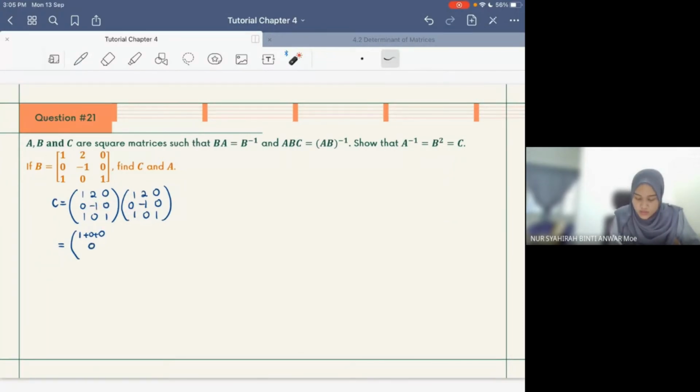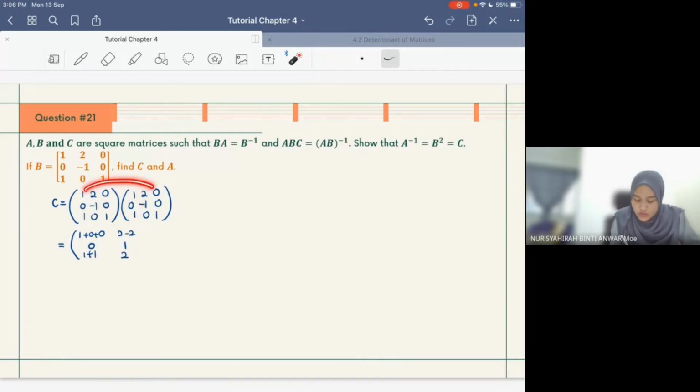And then here will be 1 plus 1. And then here with the second column. So 2 minus 2 and 0 plus 1 plus 0. So just 1. And here 2 plus 0 plus 0. So 2.